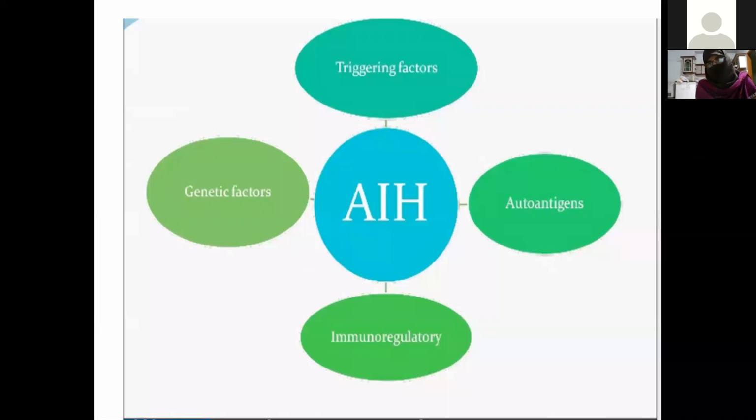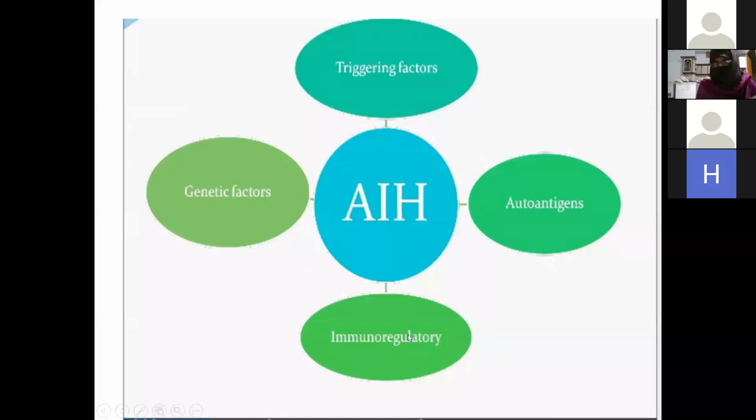Some autoantigens are slightly different, so that can lead to the initiation of the disease. उसी तरह कुछ genetic factors हैं which predispose a difference in the HLA typing, which predispose some of the individuals to these infections, and then immune regulatory mechanisms.